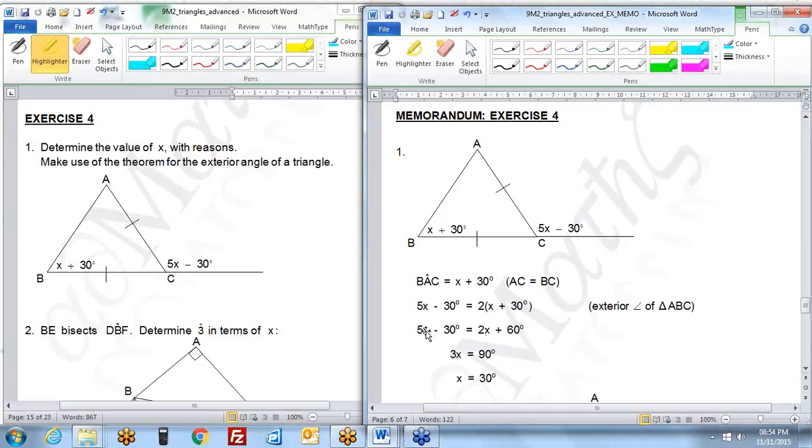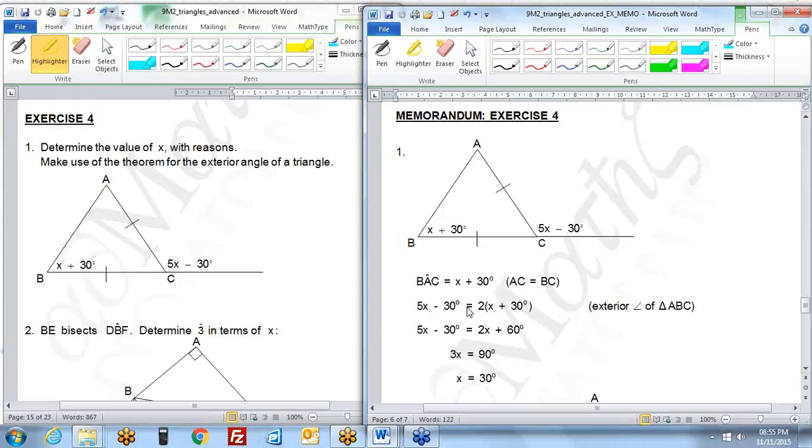Then you will have 5x minus 30 degrees equals 2x plus 60. All the x's on the left hand side of the equal sign, so we subtract 2x on the right hand side, also on the left hand side, then you get 3x. To get rid of the minus 30 on this side, you do the inverse: you plus 30 on both sides, and then you get 3x equals 90 degrees.